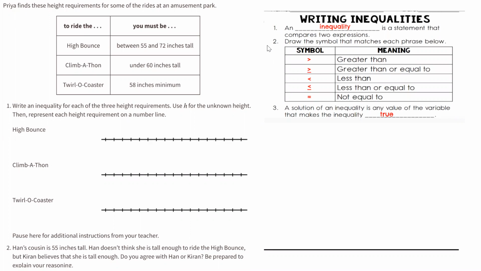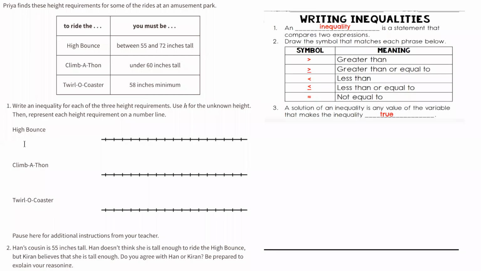So when I see that, what I know is that if I want to ride the high bounce, I can't be shorter than 55 inches. I can be 55 inches, but I can't be shorter than 55 inches. But I also know that I can't be taller than 72 inches. So that's one that's a little tricky. We have to think about that one.